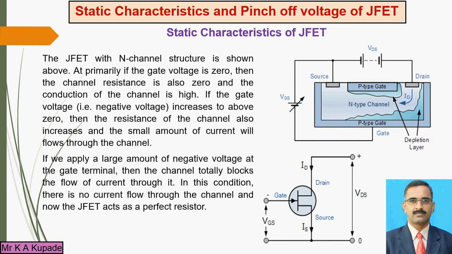And in one more figure in this slide, I show how the depletion region is there on both sides of the bar which has the PN junctions, and how the voltage is applied between drain to source and source to gate.